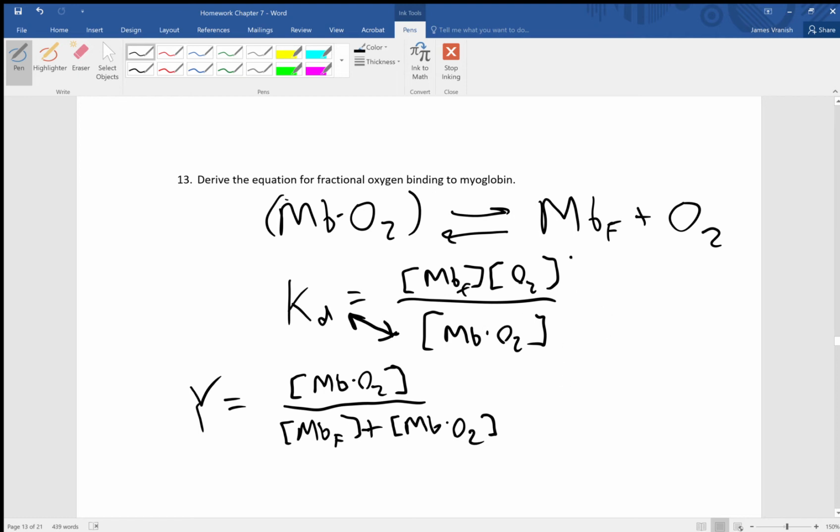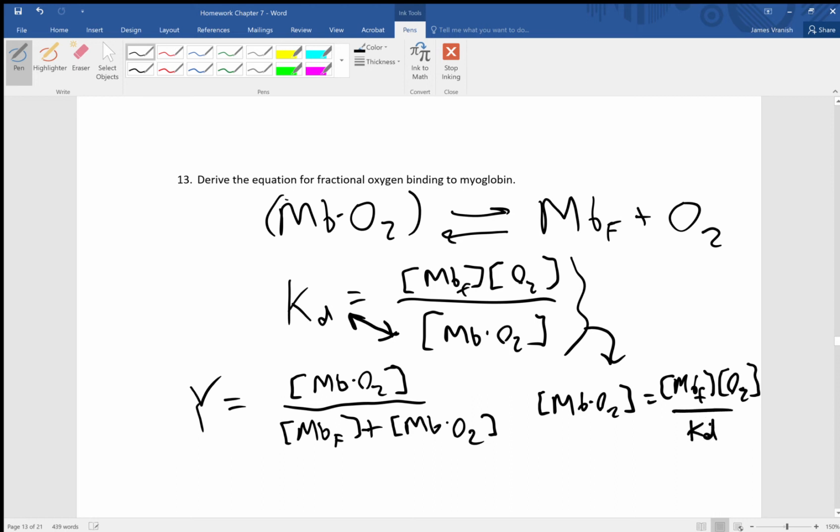So this whole top equation now becomes the concentration of myoglobin with oxygen bound equal to the concentration of our free myoglobin times the concentration of oxygen divided by the Kd. I'm now going to take this portion of the equation and plug it in wherever I see the myoglobin with oxygen.